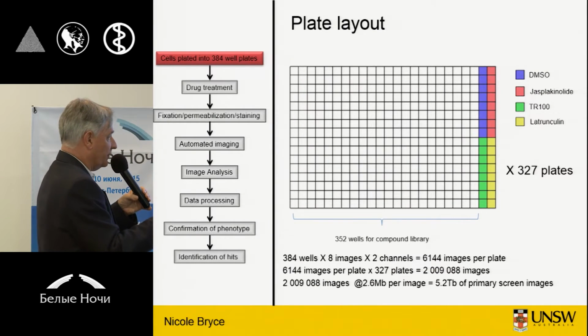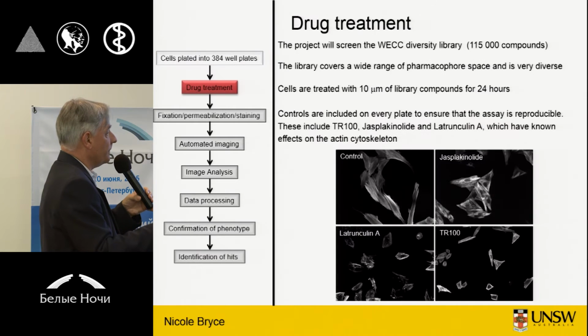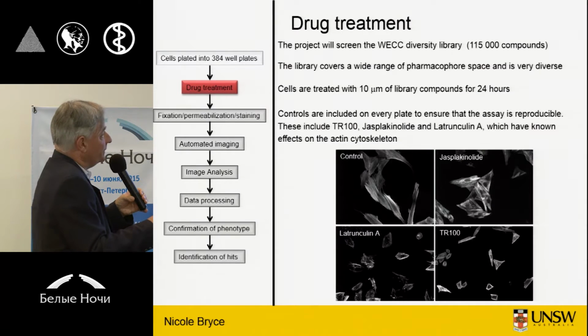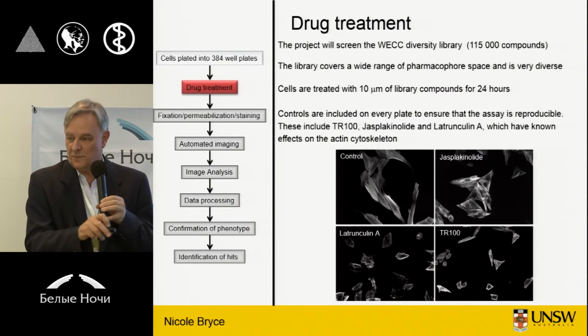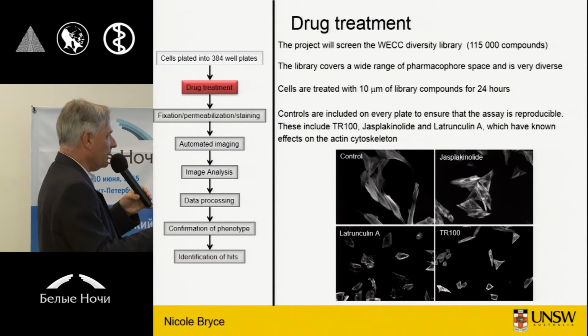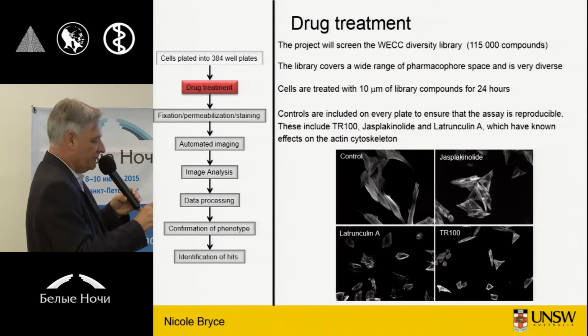And you run some controls, of which the most important control is the starting anti-tropomyosin agent, TR100. What happens when you run this is that you have your controls, you have 3 anti-actin compounds, latrunculin and TR100 and jasplakinolide, and then you have your unknowns.